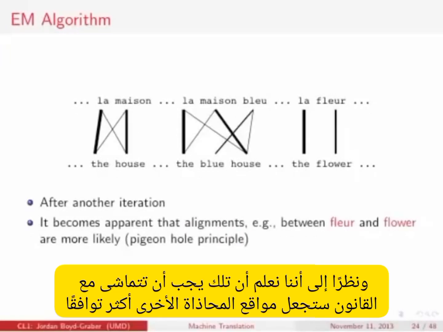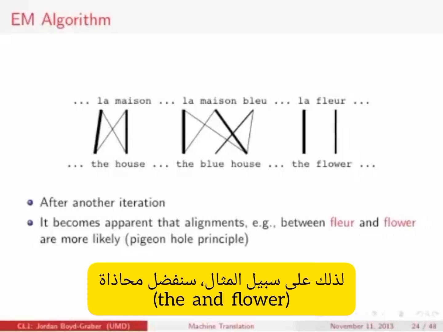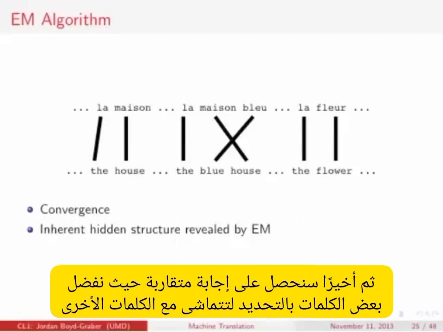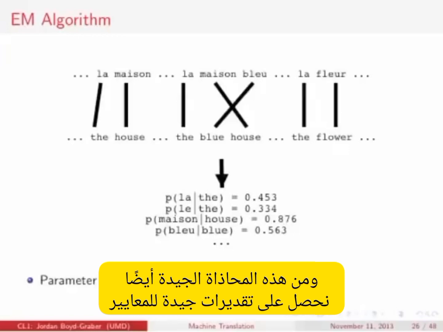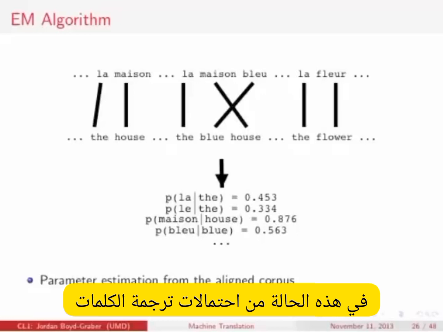And given that we know that "the" should align with "la," that will make other alignment positions more compatible. For example, we'll prefer that "fleur" and "flower" get aligned. And then finally, we'll get a converged answer where we prefer, very specifically, some words to align with other words. This is what can happen with EM. And from those good alignments, we also get good parameter estimates, in this case the word translation probabilities.